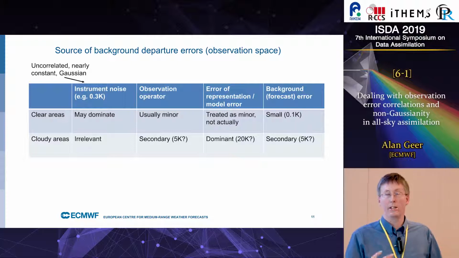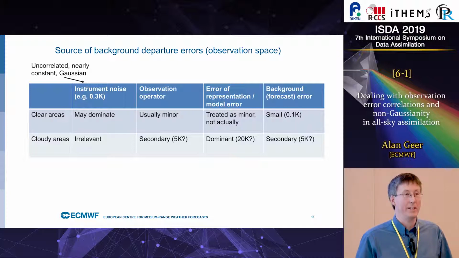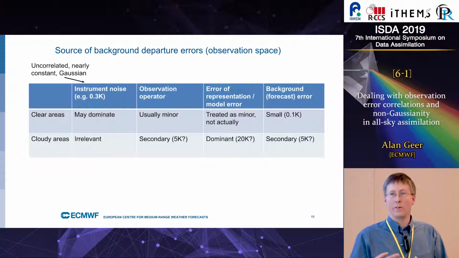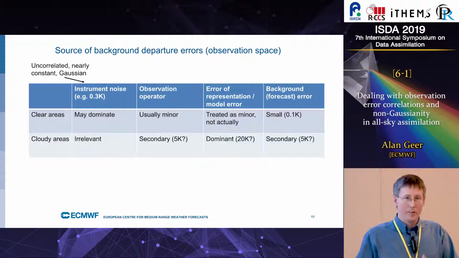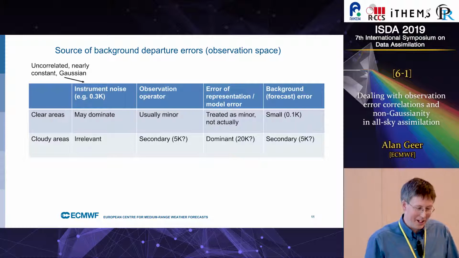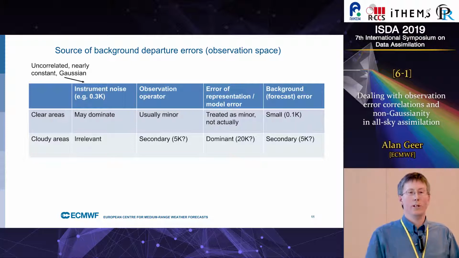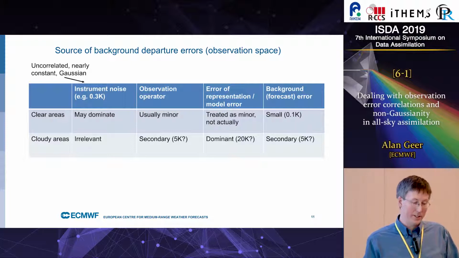If we move on to all-sky assimilation, we're trying to assimilate in cloudy areas where suddenly the instrument noise is irrelevant. So we've lost this sort of reference point of Gaussian noise, and our errors are coming from very different sources. The observation operator is not working so well. We don't know all the microphysical properties of the cloud, so we can't perfectly simulate the radiances. I've been arguing that the error of representation dominates.